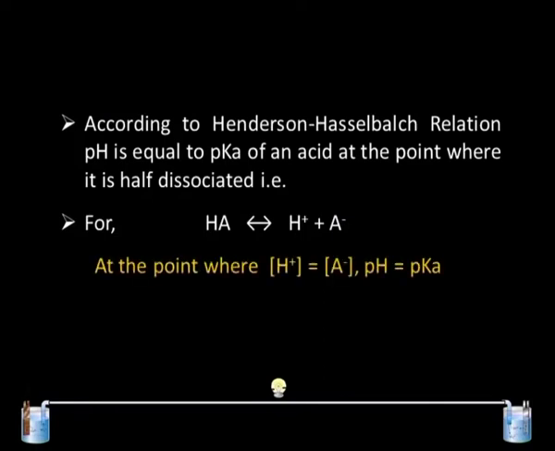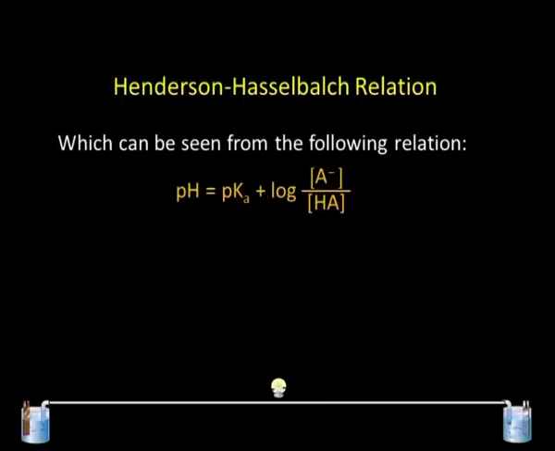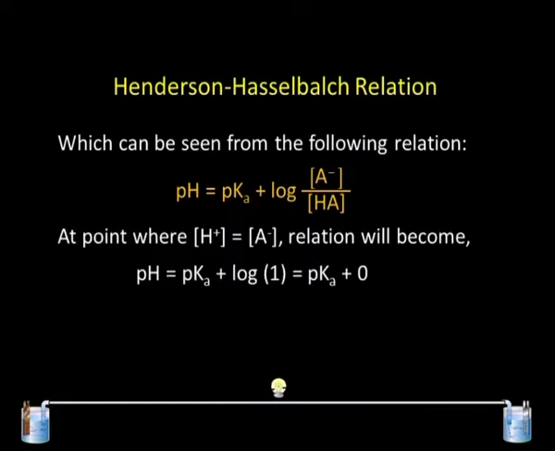At the point where H plus is equal to A minus, pH will become equal to pKa. We can also see from the relation pH is equal to pKa plus log A minus divided by HA, that at the point where H plus is equal to A minus, this relation will become pH is equal to pKa plus log 1.